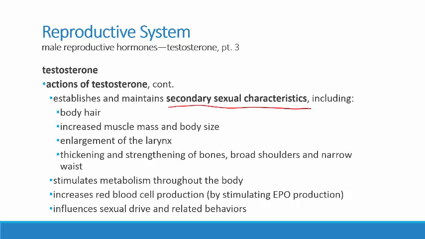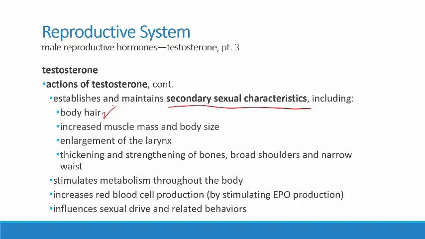The secondary sex characteristics then are what we think about that occur as part of puberty. So these include increased body hair, especially in the axillary regions, the armpits, and in the pubic areas, as well as on the arms and legs and back and chest and everywhere that we see body hair in men, and on the face.